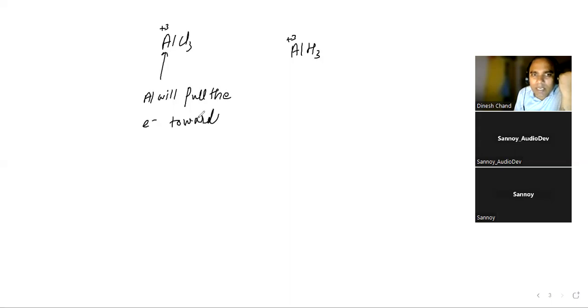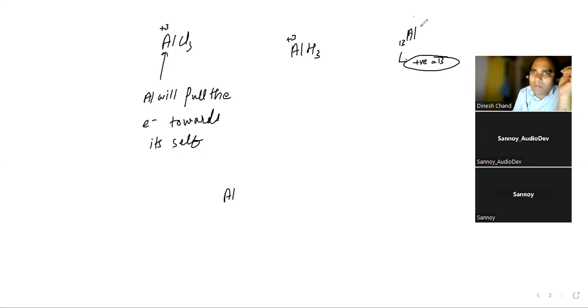It is pulling the electron towards itself because it is positively charged. Aluminum is atomic number 13, so the positive charge in the nucleus is 13.